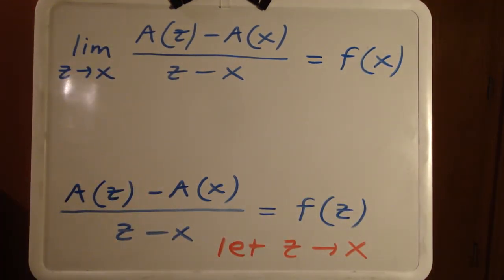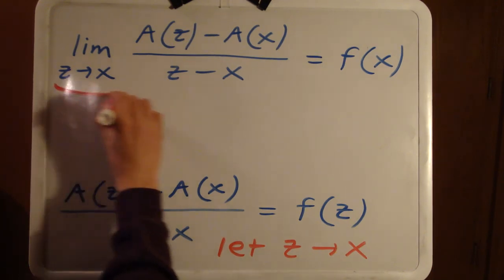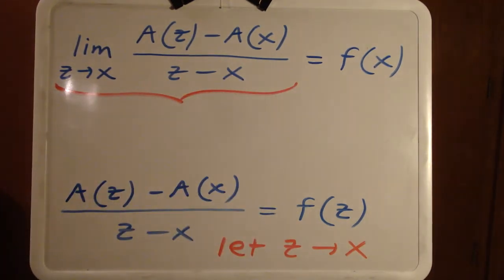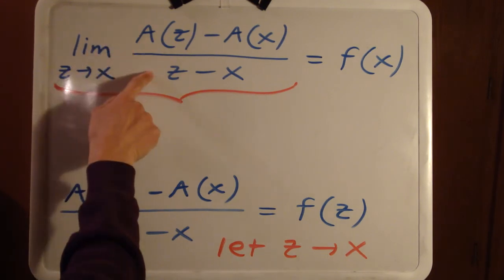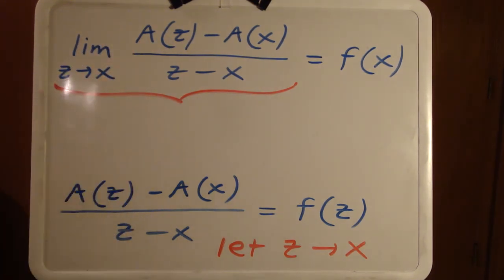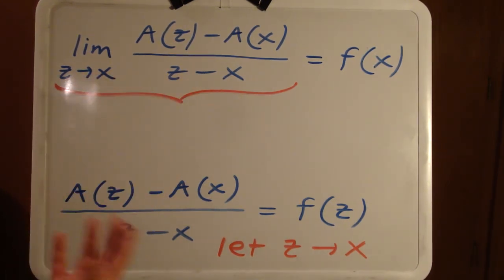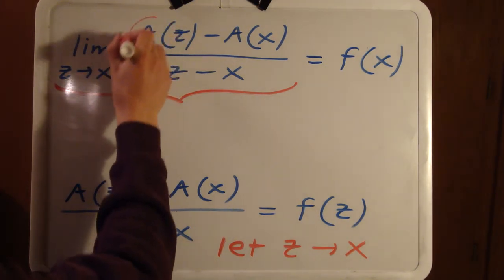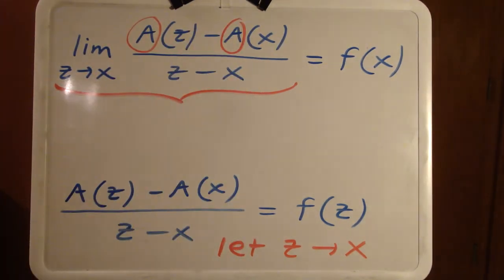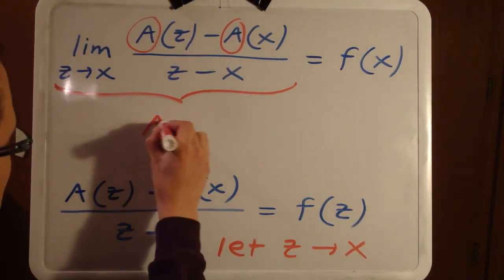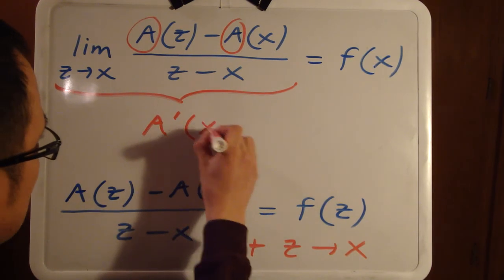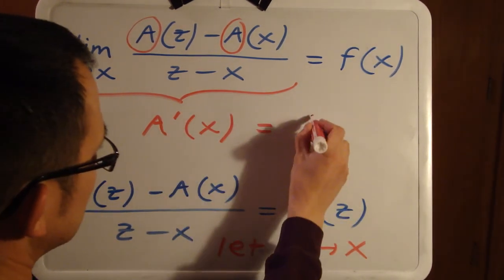This is the big stuff here. You might remember this from a couple of lessons ago. This is a change in y over a change in x, and z is tending to x, which gives you that popular indeterminate form. What we have on the left-hand side is the definition of the derivative of the A function, evaluated exactly at this location. So by definition, this is A prime of x, and that's equal to f of x.